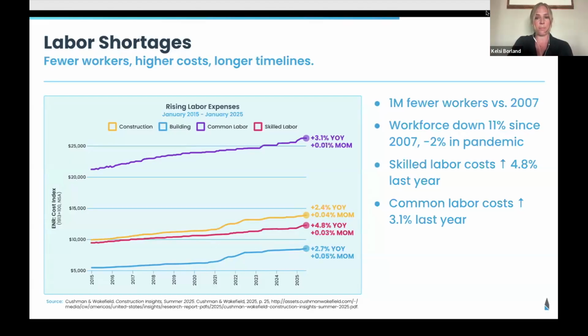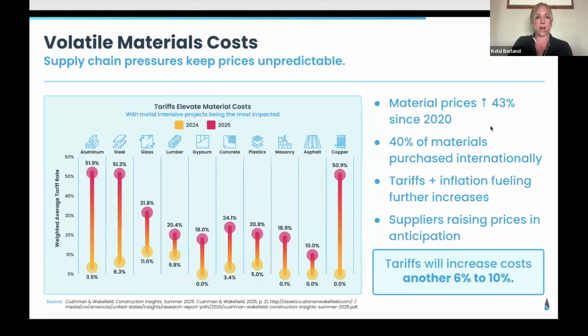In partnership with that, you also see volatile materials costs rising. So from a construction pricing perspective, you're really challenged on the labor side, and that is a very difficult challenge to solve because it's really a labor shortage. And then you're also seeing rising costs on the material side as well. Materials prices are up 43% since 2020.